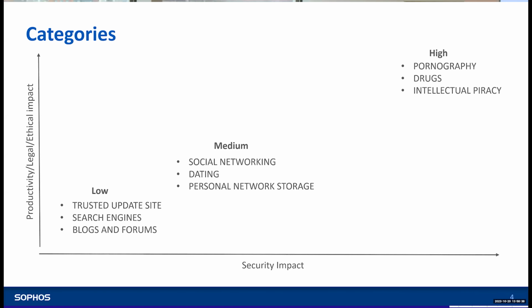Now, if we move one bit further, there are a bit of a gray zone categories like dating sites. If someone is browsing a dating site in their work hours, is it good for the productivity? Maybe not, I don't know. It's up for the organization to decide. And then finally, we have the critical categories in the top right corner.